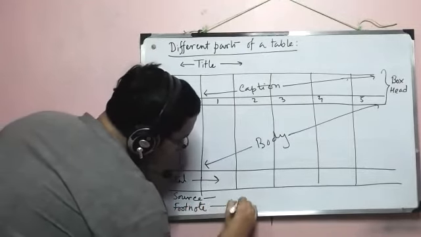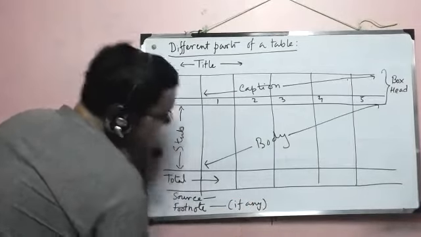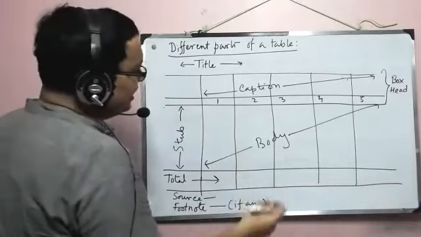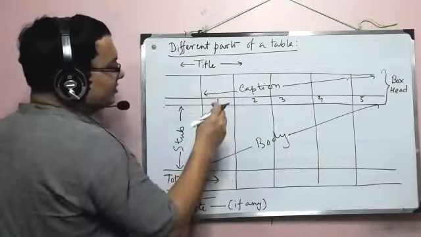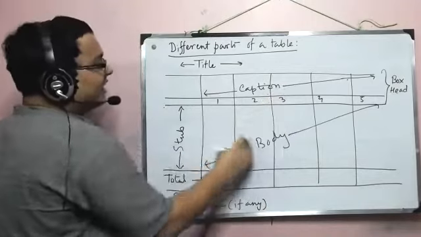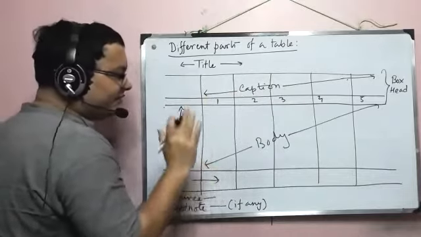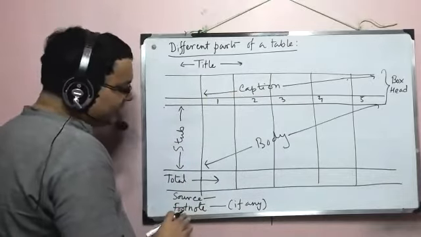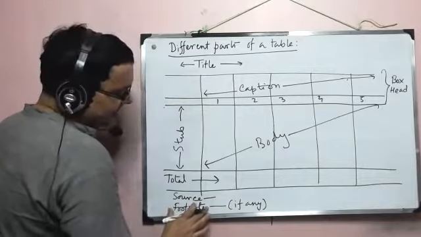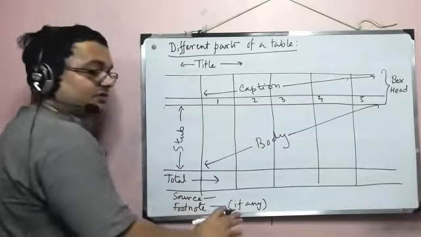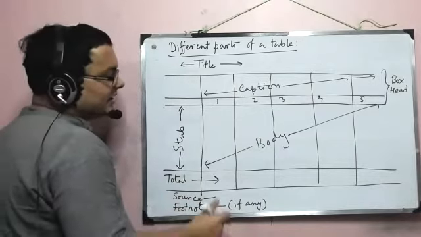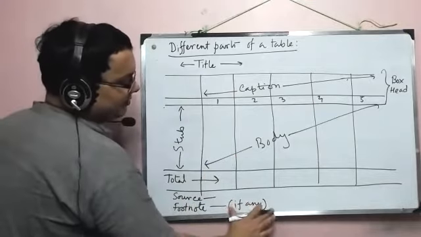Okay, so footnote is "if any", and that means that if the units of measurement are completely explained here, and the caption or the stub doesn't contain any kind of abbreviations, then only you can skip it. You may not write footnote. But the better idea is that you write footnote and then you keep it blank.